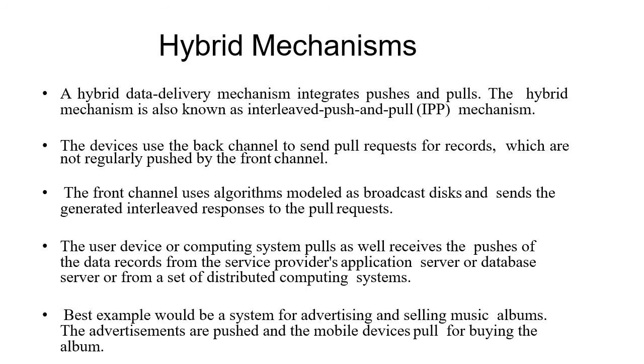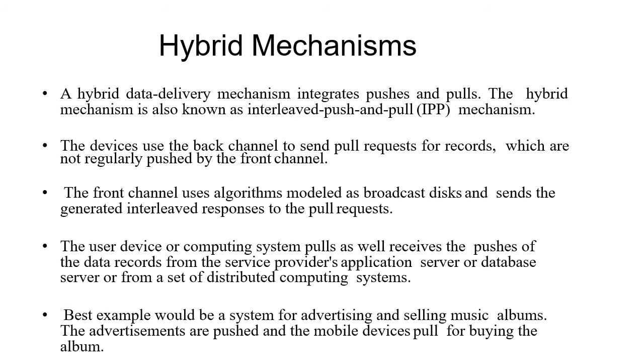Here the best example is advertising and selling of music albums. So what is happening? Push is done first. Suppose a new music album is released. The subscriber first advertises to all the mobile devices that so and so new music album has come.